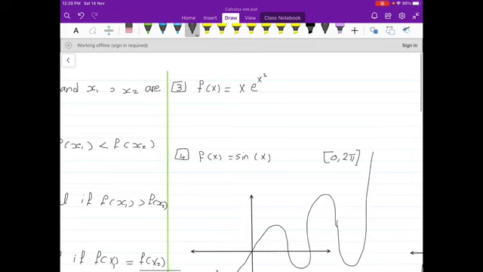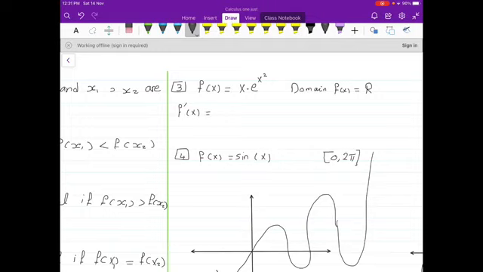Another example, if you take the function f(x) equals x times e to the power x squared, what is the domain for this function? The domain for f(x) is the real numbers. Now to find the critical points and the intervals of increasing and decreasing, you must differentiate. Now f prime of x, notice it is a product of two functions.